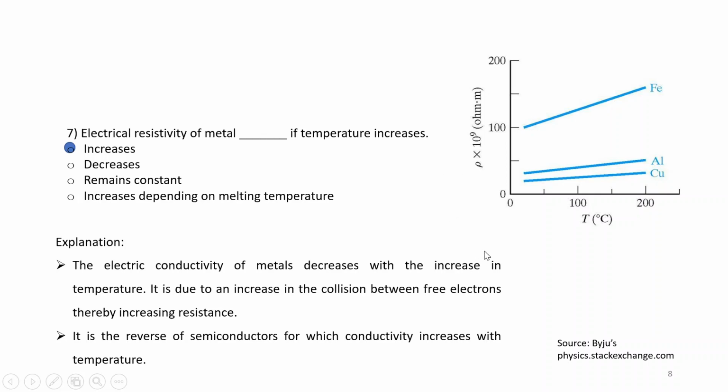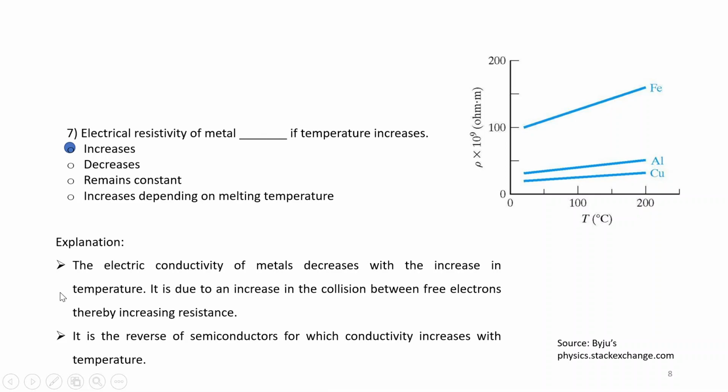So there is an electron cloud present in metals. If you are applying any voltage, there will be electricity flow. So if you are increasing temperature, what will happen? There will be vibrations and collisions between these free electrons. So this will lead to a decrease in the final output that you are getting in the form of current.